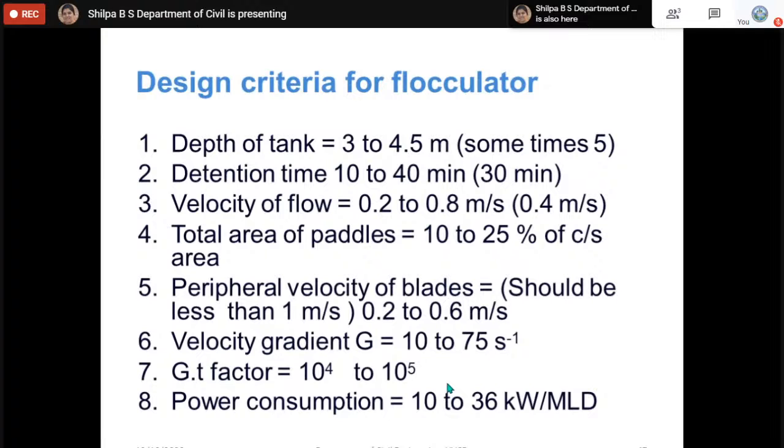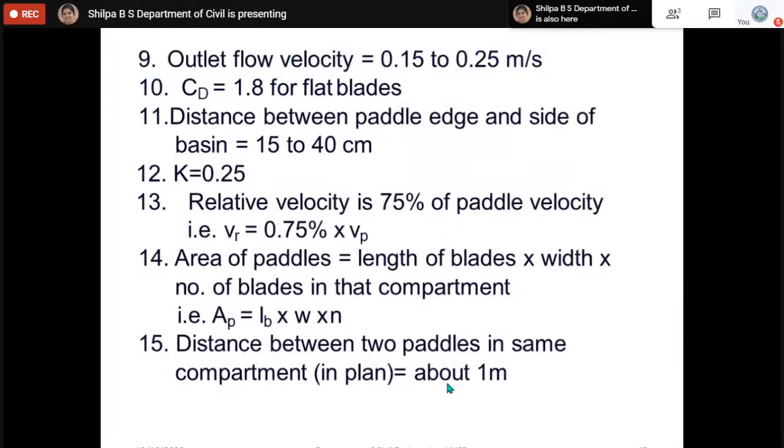The peripheral velocity varies from 0.2 to 0.6 meter per second; keep in mind this peripheral velocity should be less than 1 meter per second. The velocity gradient is 10 to 75 per second, the GT value varies from 10 to the power of 4 to 10 to the power of 5, and the power consumption is about 10 to 36 kilowatts per MLD of water. The outlet velocity of this flocculator usually varies from 0.15 to 0.25 meter per second.